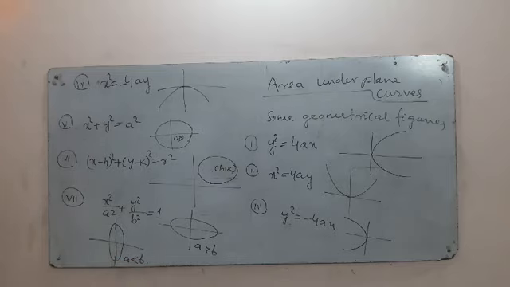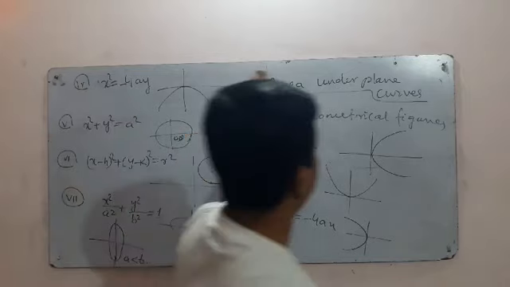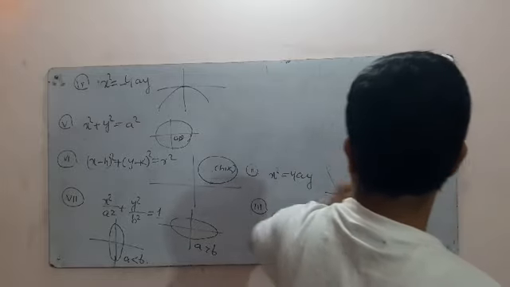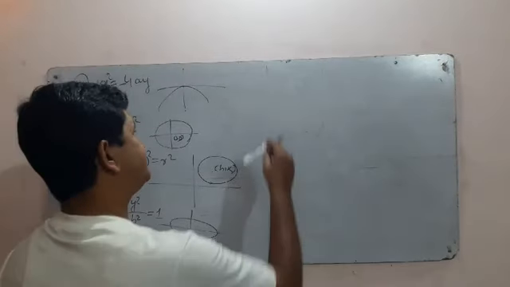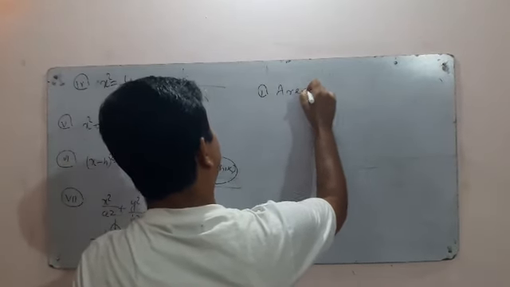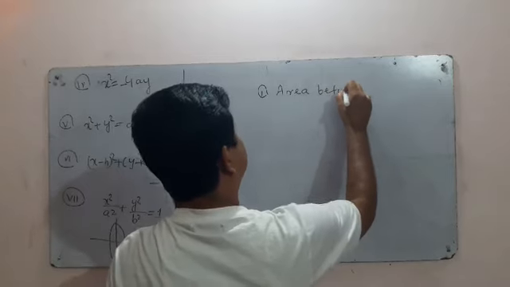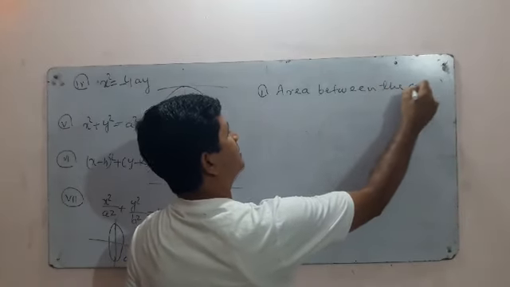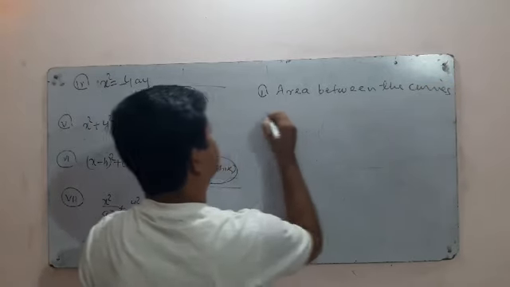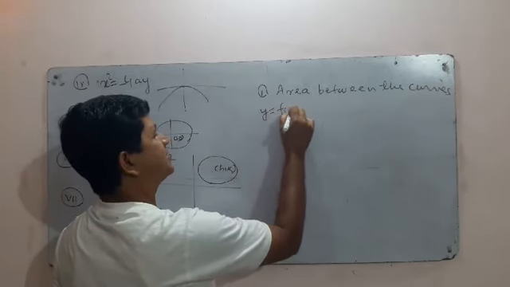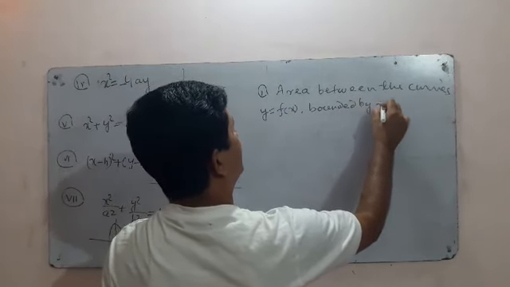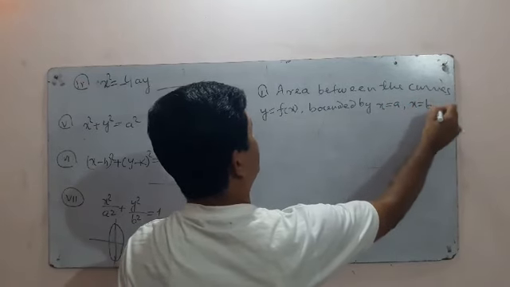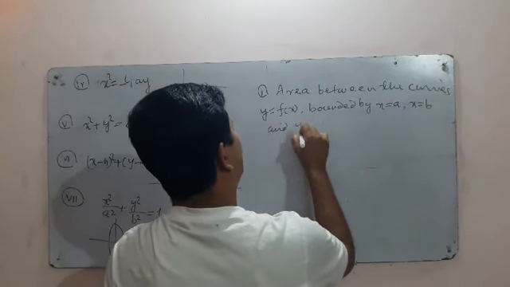Now, how to find the area bounded by a curve and some particular lines? First, the area between the curve y equal to f of x, bounded by x is equal to a, x is equal to b, and y equal to 0.